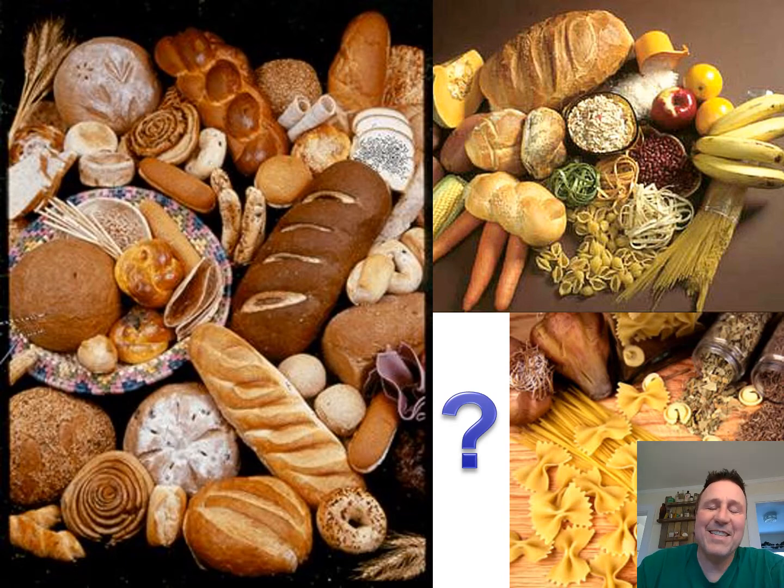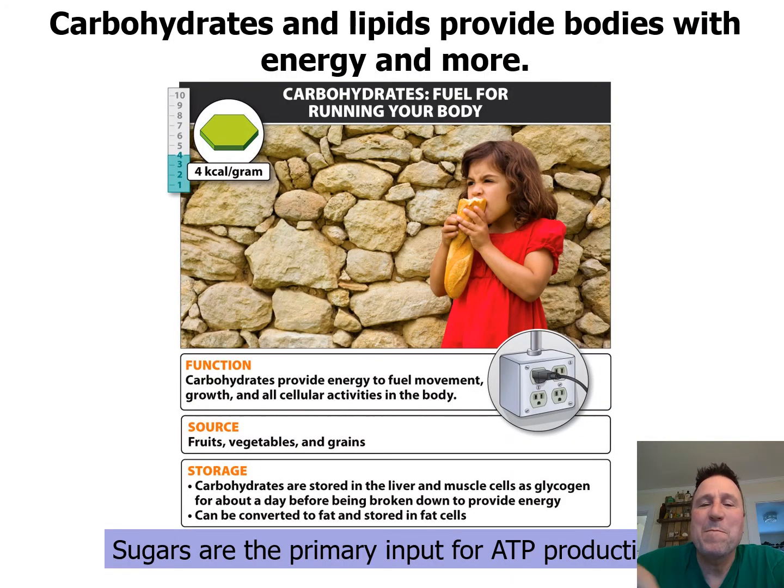This is torture for those of you that are not eating any carbs, but bread and bagels and pasta, yes. These provide our energy. So carbs include starches and sugars, right? And you all know glucose is our basic energy that we use to make ATP, which is really our basic energy that runs all our chemical reactions, right?